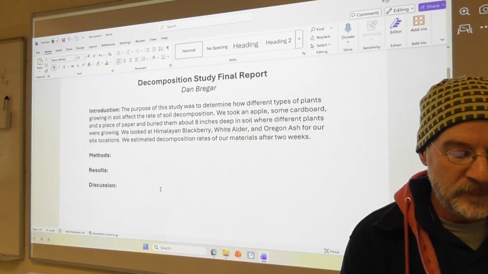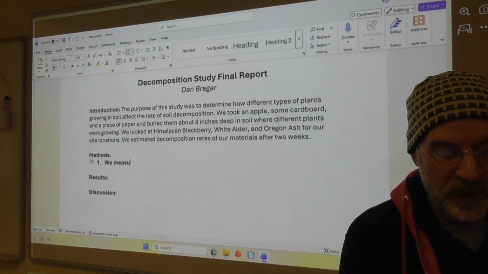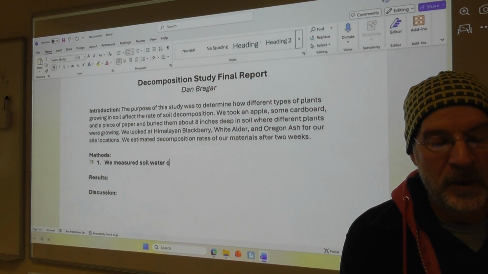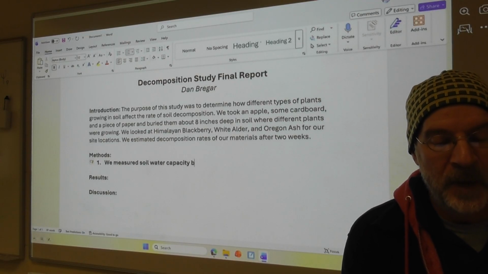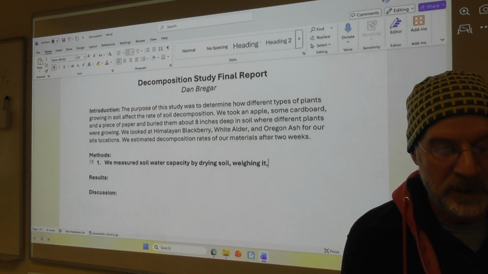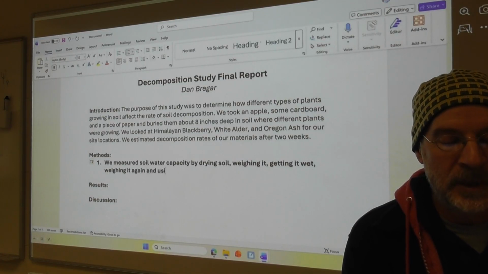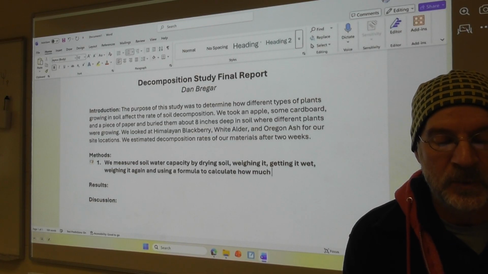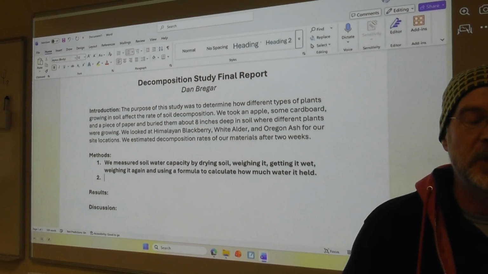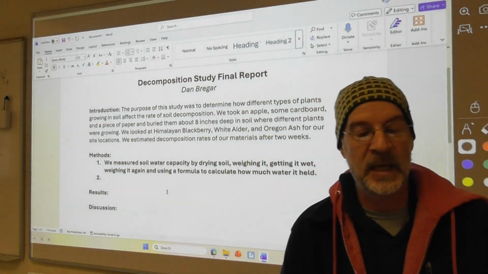So, 1, we measured soil water capacity by drying soil, weighing it, getting it wet, weighing it again, and using a formula to calculate how much water it held. This is a reasonable first step for measuring the water holding capacity.